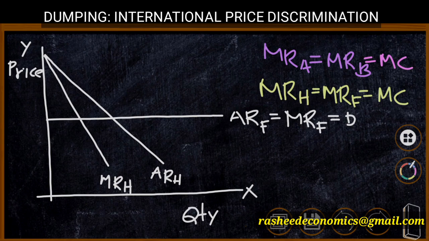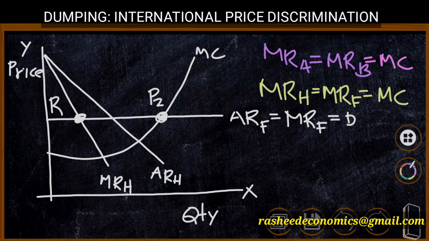To identify the equilibrium point, we draw the marginal cost curve like this. This is the marginal cost curve. By drawing it, we can identify different points of equality between MRH and MRF. Initially, we identify two points, point P2 and point R1.